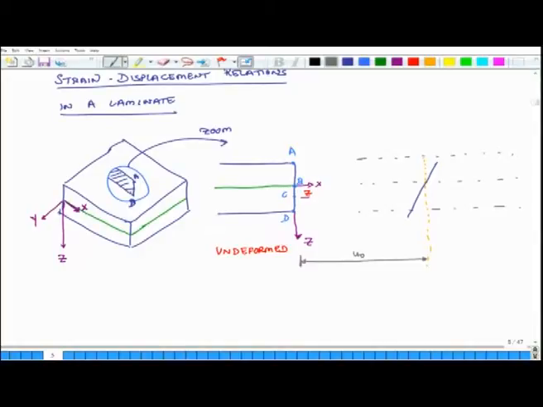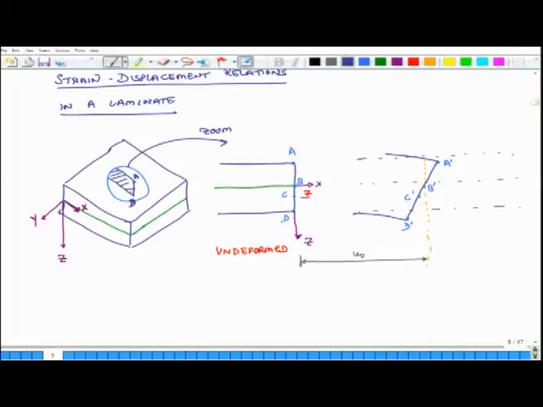So, we will again mark these points here. The revised positions are A prime, this is D prime, the mid plane is there. So, this is B prime, and a distance below that is C prime, and the overall configuration looks something like this.